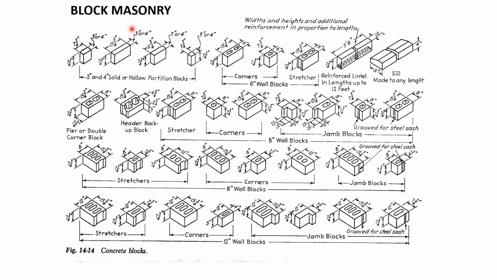These are various block masonry units that are used in block masonry construction, so you can have an idea. There is a standard block masonry unit that is 8 inch by 8 inch by 16 inch, but it varies from location to location.